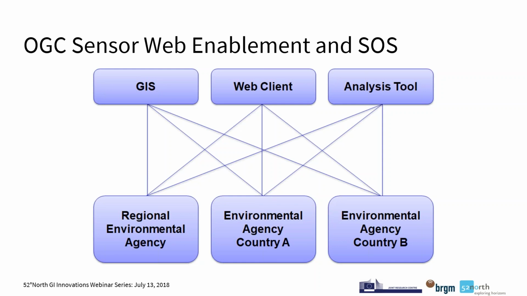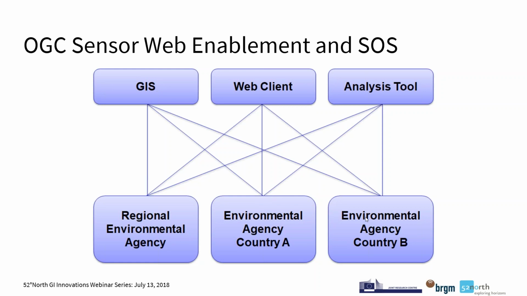And for that purpose, we especially had a look at the suite of OGC sensor web enablement standards. So I will give a quick introduction into the set of standards here now. So what this slide shows basically is the amount of integration efforts that you would have without using standardized interfaces.